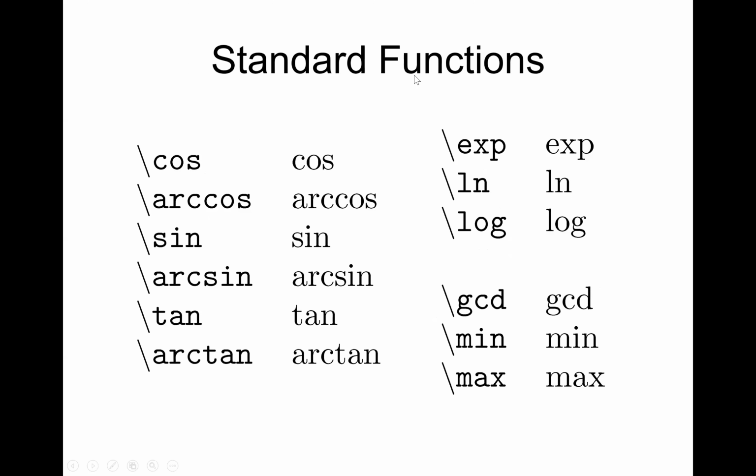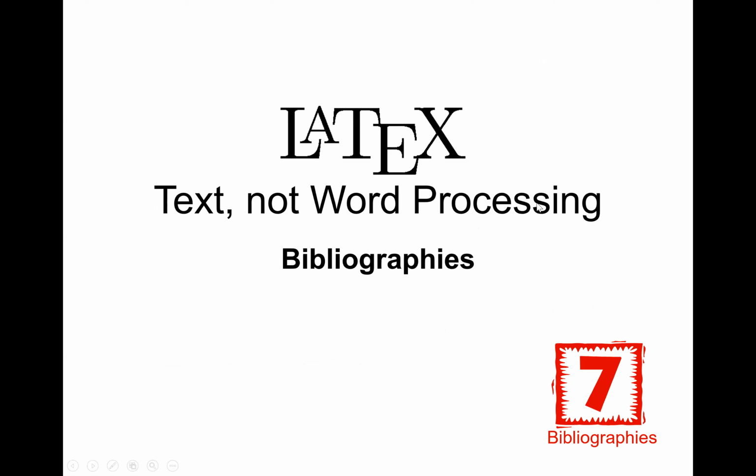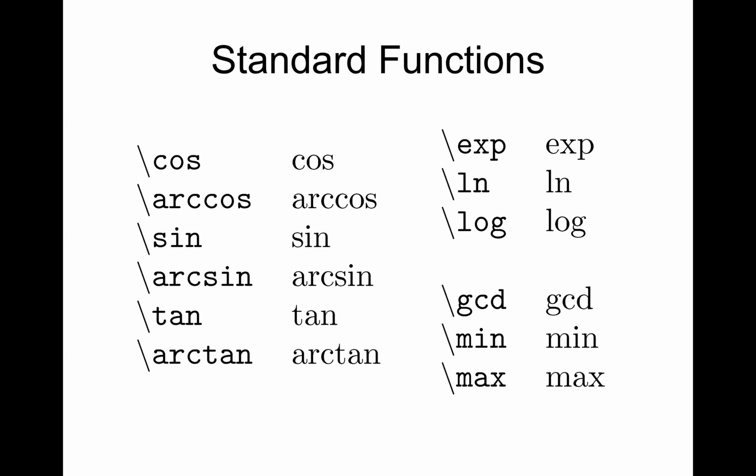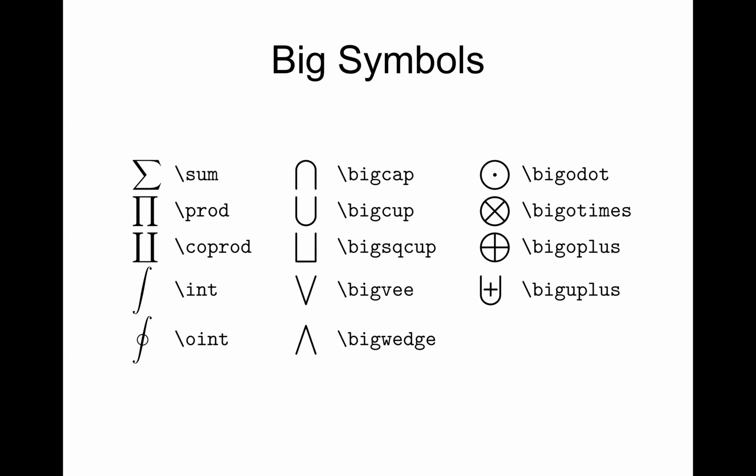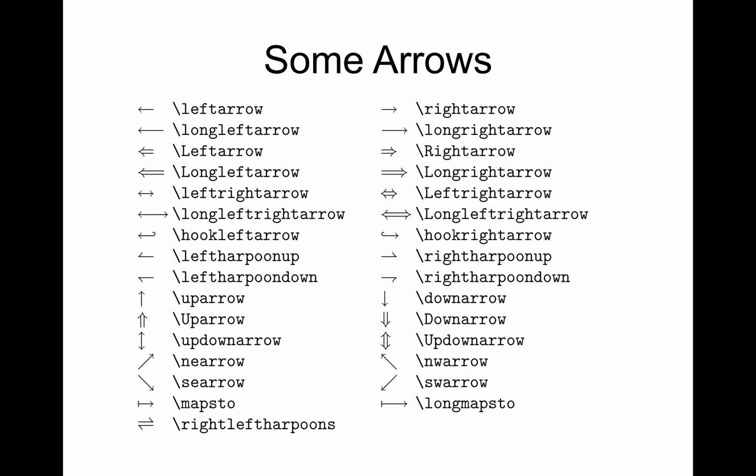And then we have some standard functions like cos, sine, tan, length, log, greatest common divisor, maximum, minimum, and the like. So these are some mathematical stuff that we have to know. Let's go to the environment and practice some of these things.